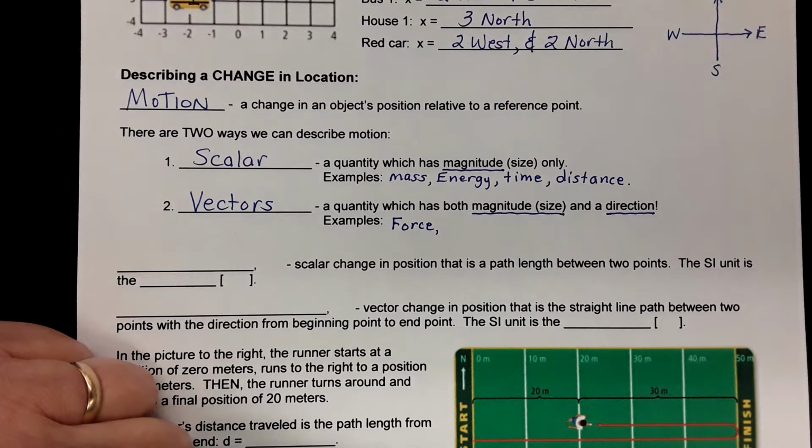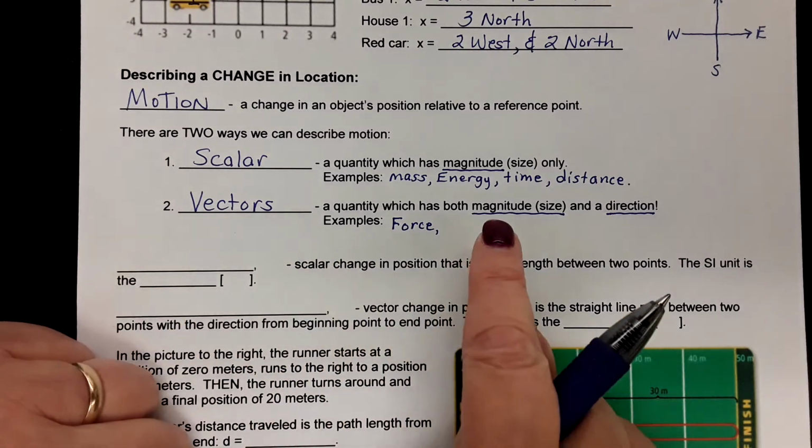But think about it. If you push with 10 newtons of force, can you push without pushing in a direction? No, of course you can't. Anytime you push on something, you're pushing in a particular direction.